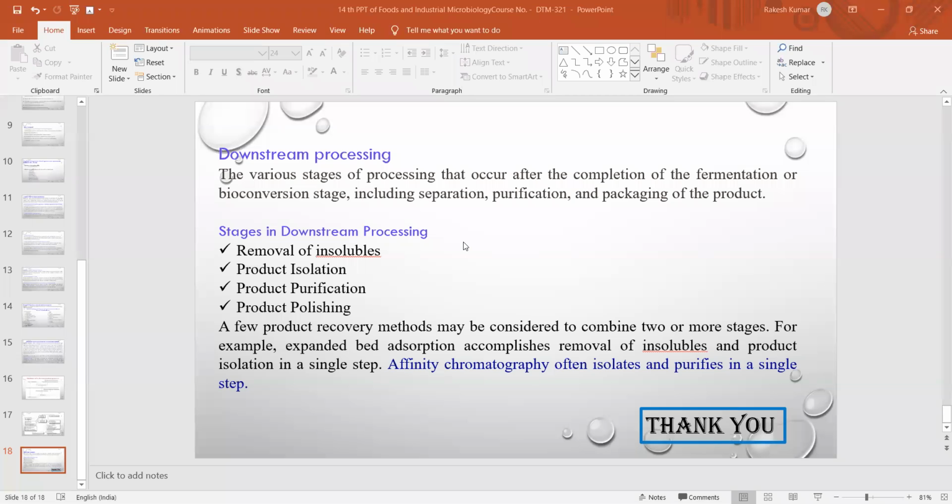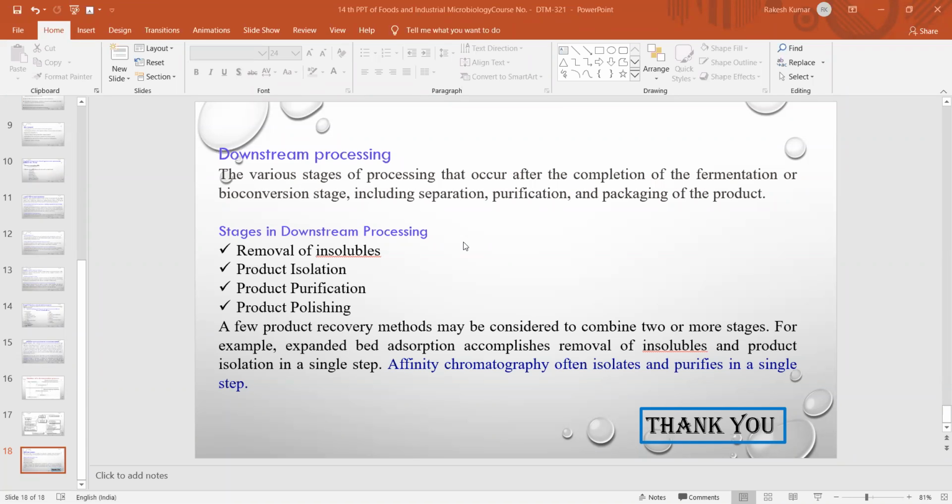All these things are very important whenever you are producing a particular type of fermented product. Very few recovery methods combine two or more stages. For example, expanded bed adsorption achieves complete removal of insolubles and product isolation in a single step. And if you use affinity chromatography, it often isolates and purifies in a single step.